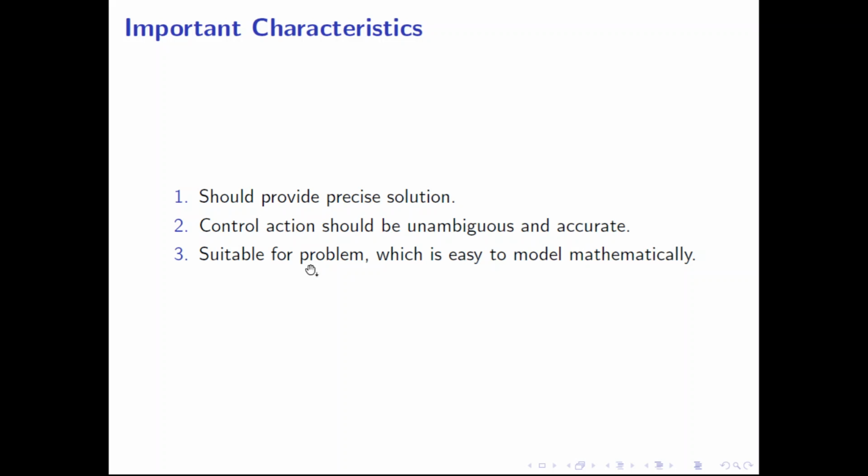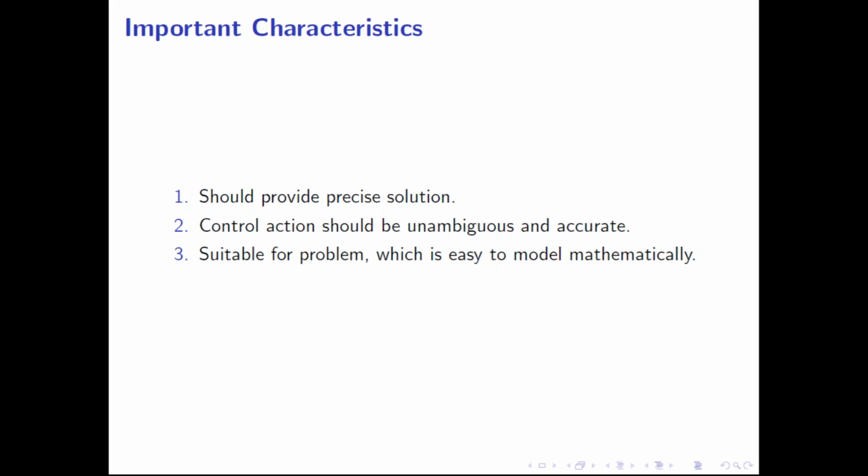Computation can be done only for problems which can be mathematically modeled. It can be done only for those problems for which a mathematical model exists. If no mathematical model exists, then you cannot compute at all, and you cannot get a precise or accurate solution.